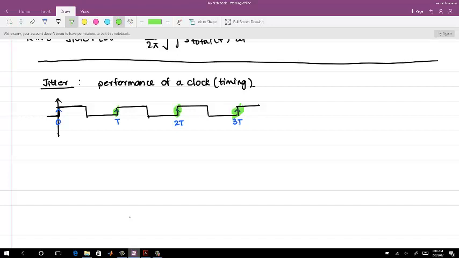One other thing you can say, let's say only the first edge moves by delta t and the second period is the same, but the second edge would have moved with respect to an absolute time. But if the second edge again adds some plus, then it will move much farther.